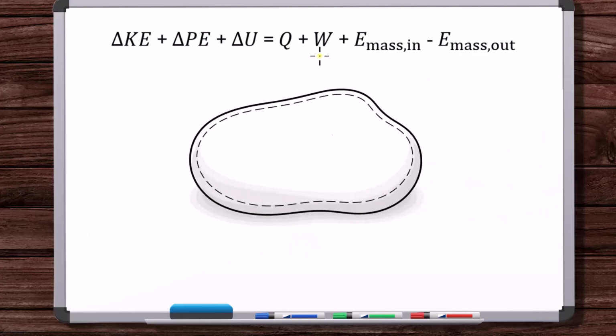Now, what about heat transfer and work? What does it mean to say that energy can be transferred into or out of a system across a control surface via heat or work? So let's start with heat transfer. When we say that heat crosses a system boundary, what exactly does that mean?